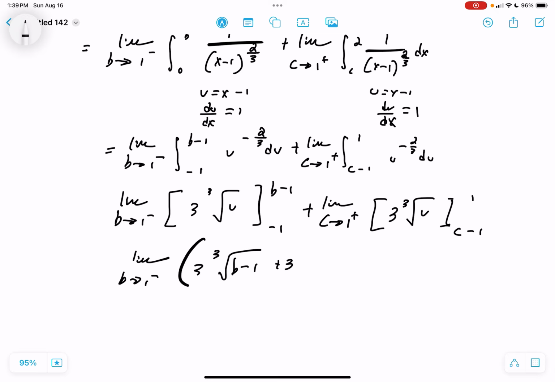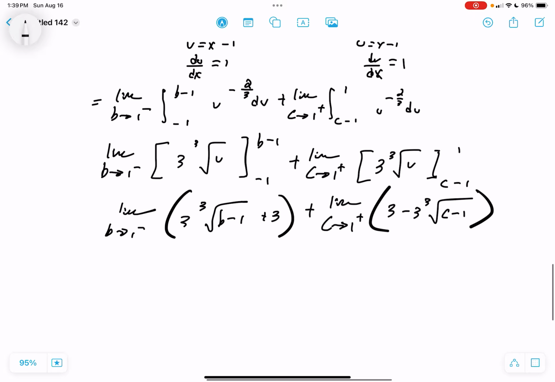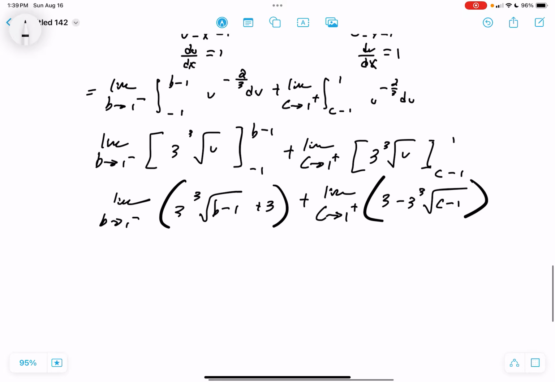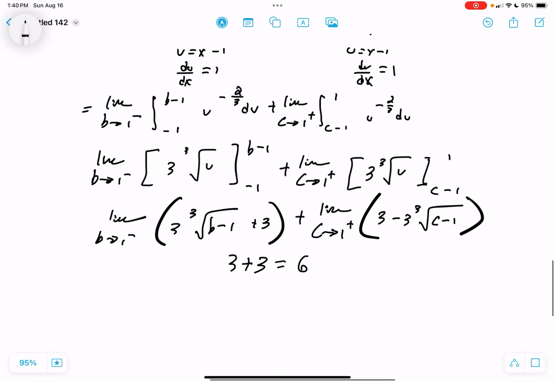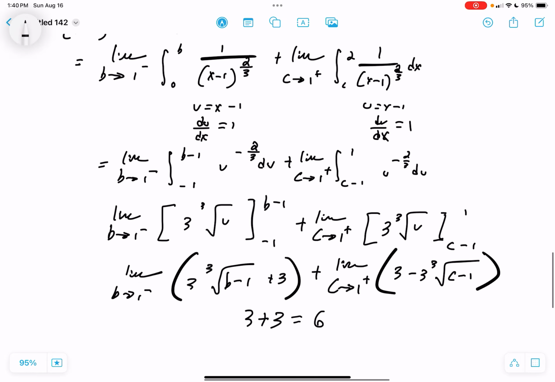Now we have plus the limit as c approaches 1 from the right of 3 minus 3 cube root of c minus 1. Now when we evaluate this, we can see that this is simply going to become 3 plus 3, and that equals 6.